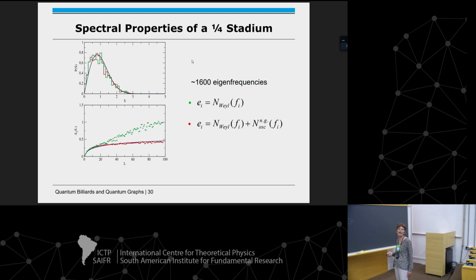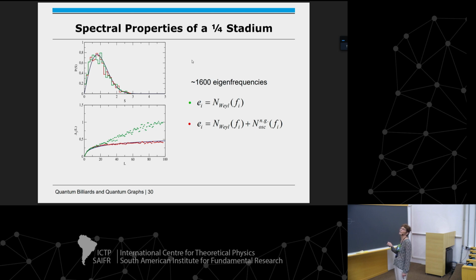In the nearest neighbor spacing distribution you don't see much, but in long-range correlations you see really big effects. Therefore, it's always important not to look only at short-range correlations, but also at long-range correlations, because such effects you will only see there.